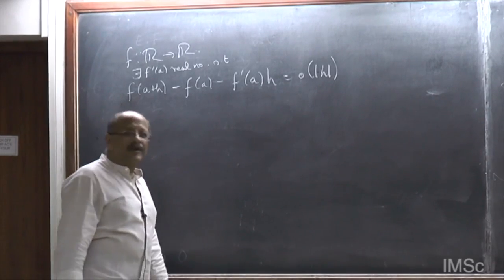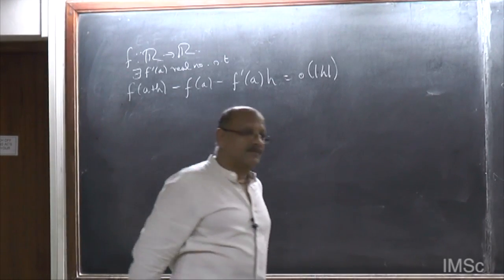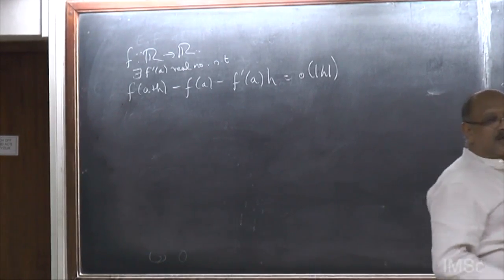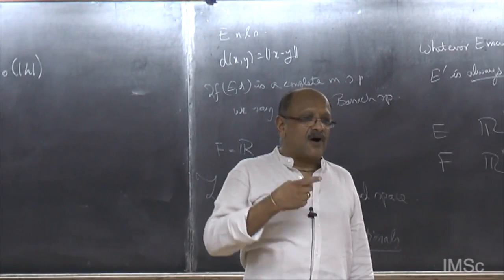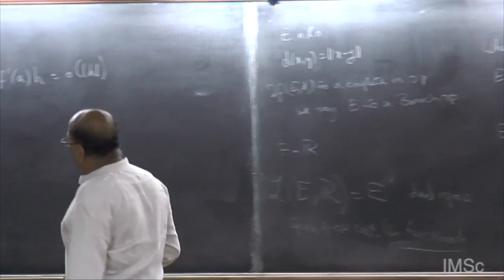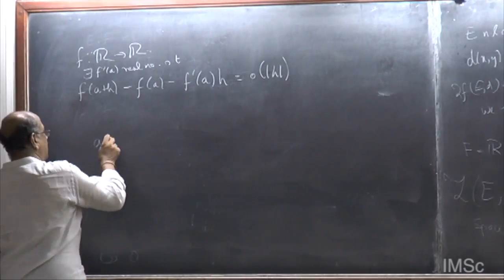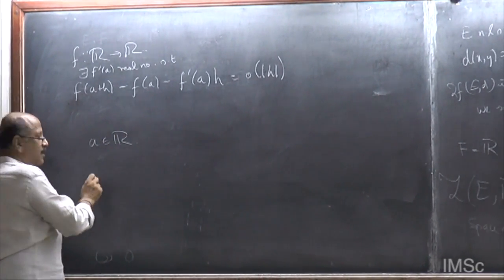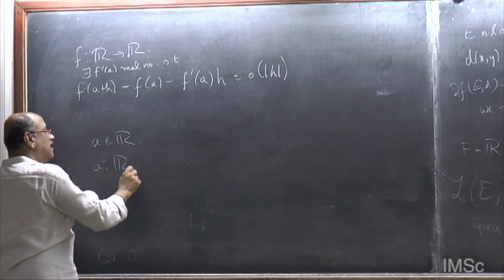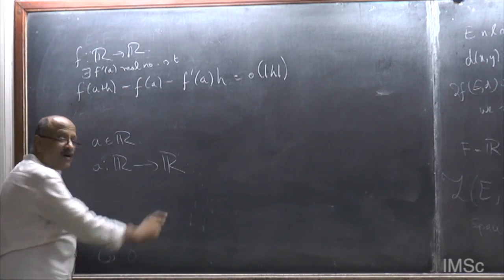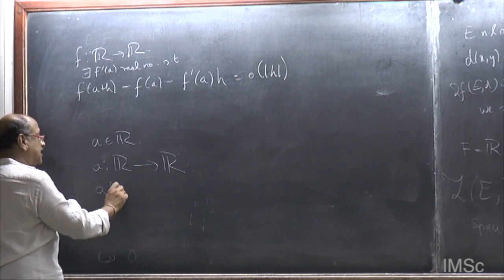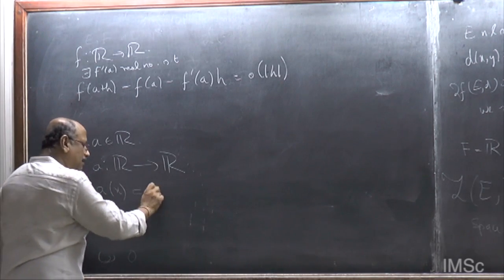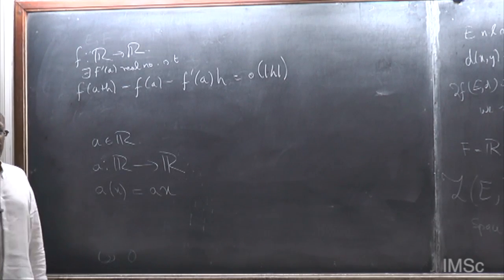now I won't look at f dash(a) as a real number. I will look at f dash(a) as a linear mapping of R into itself. So, given any real number a, I can think of a as a linear transformation of R to R. How? a acting on any x is nothing but multiplication of a and x.